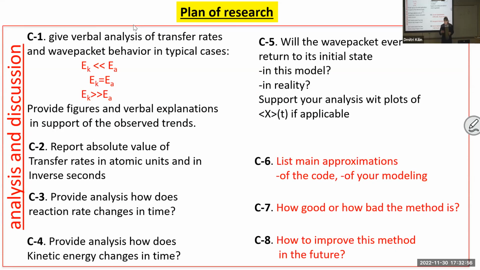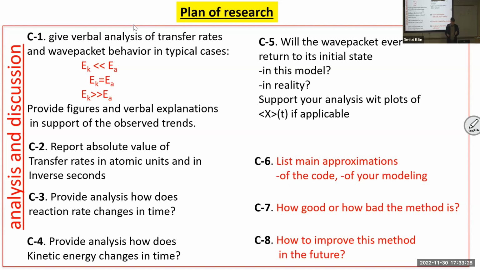Then verbal analysis. Depending on whether the kinetic energy is smaller than the activation energy, equal, or bigger, the reaction rate will change dramatically. And you may express it verbally. Report, analyze, just tell the things that you observe, maybe some additional observables.